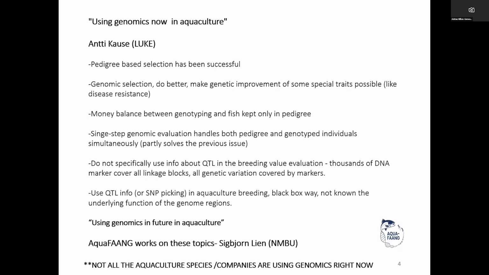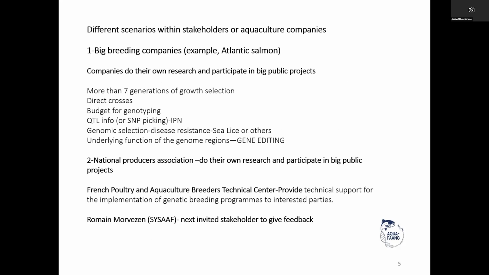I think it's good to take into account that we probably have different scenarios among the different stakeholders or aquaculture companies. Some are big breeding companies, for example in Atlantic salmon, like Mowi, Aquagen or Benchmark, companies that do their own research and participate in big public and private projects, of course.